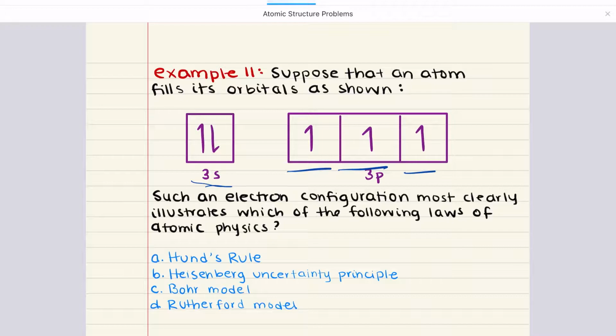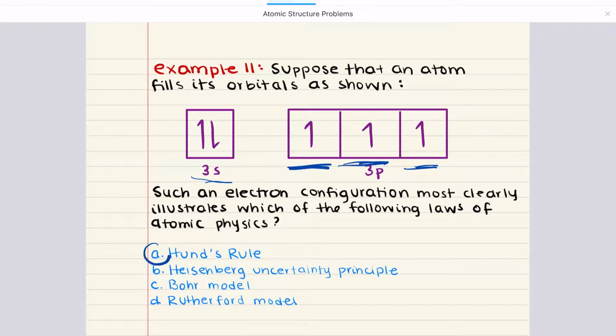What this does is minimize electron-electron repulsion within an atom. Now, in this diagram, the 3p orbitals are filled one electron at a time in each orbital before any orbital gets a second electron. So this is a clear illustration of Hund's rule. And the correct answer here is, in fact, A.